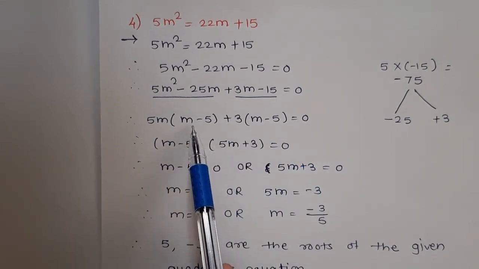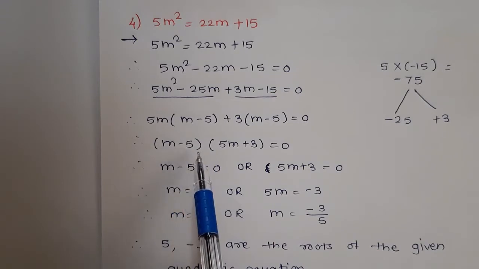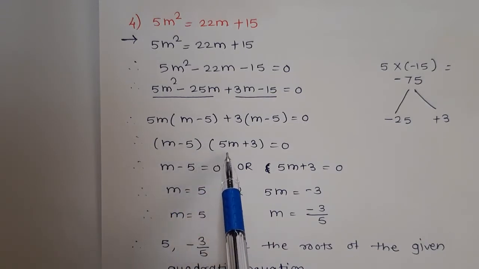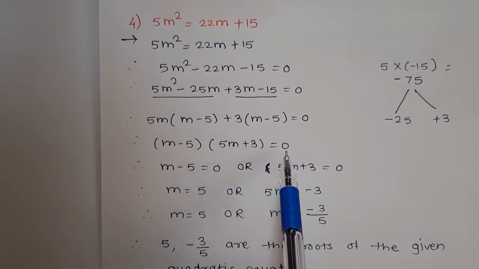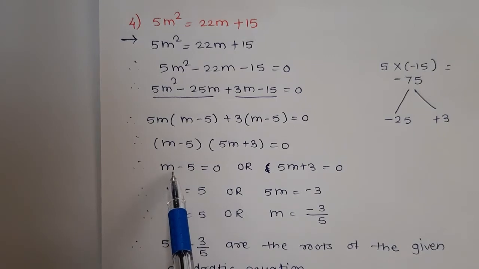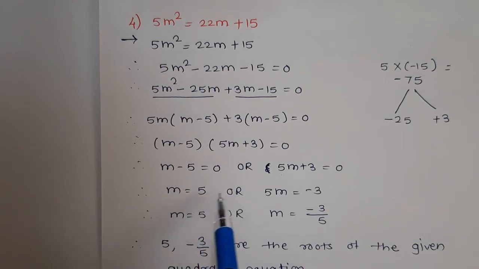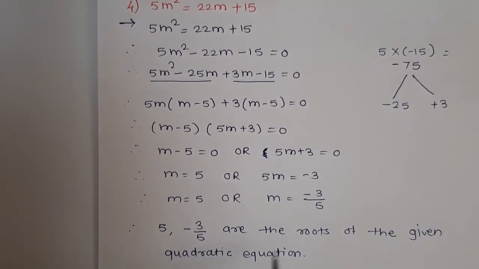Now m minus 5 is common in both the terms, so we take m minus 5 as common and the remaining terms in another bracket, 5m plus 3 equals 0. We have to equate these linear factors with 0. So m minus 5 equals 0 or 5m plus 3 equals 0. Therefore m equals 5 or 5m equals minus 3, so m equals minus 3 upon 5. So 5 and minus 3 upon 5 are the roots of the given quadratic equation.